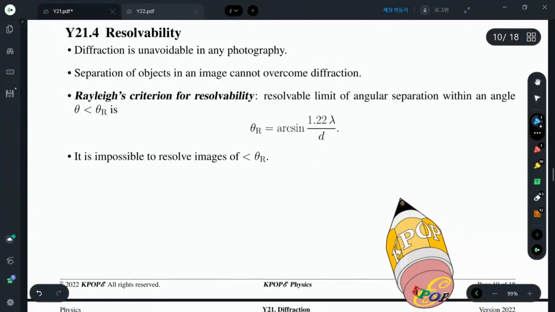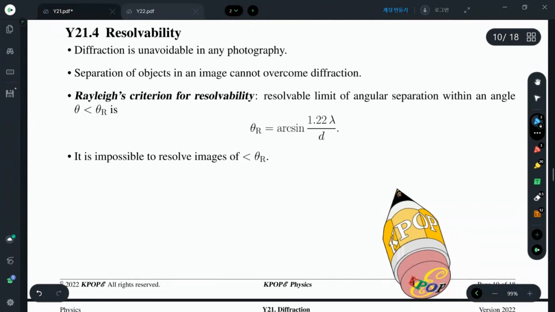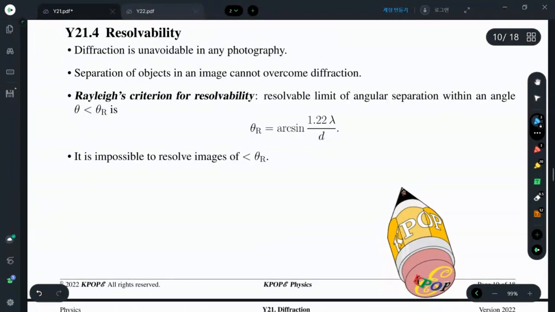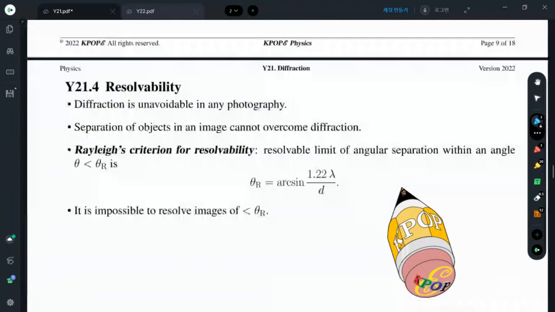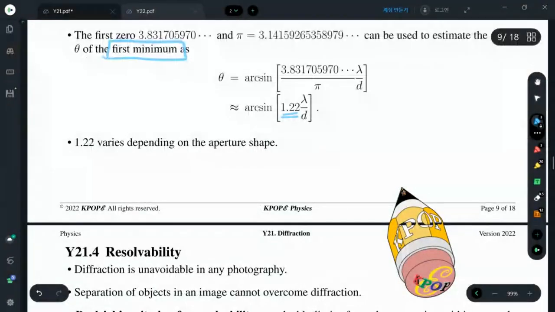There is no way to avoid this kind of spread of light once light passes through a tiny hole. It is a natural consequence we cannot avoid. In any case, when you take a picture using a camera, you will find diffraction. You cannot avoid diffraction.